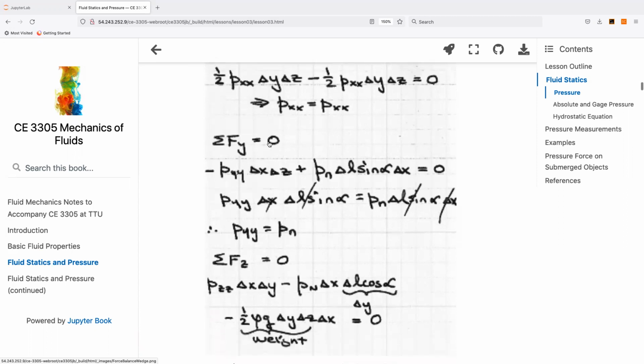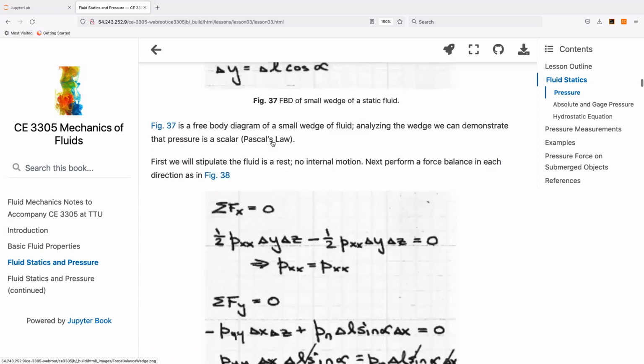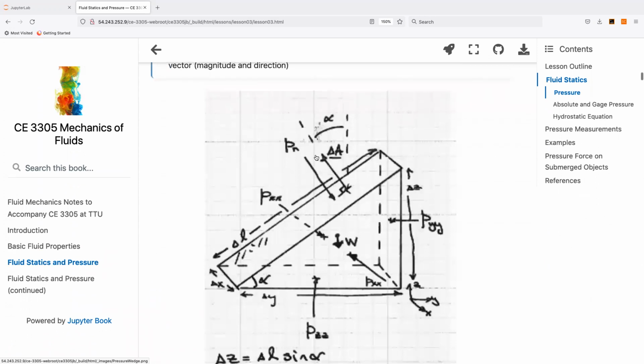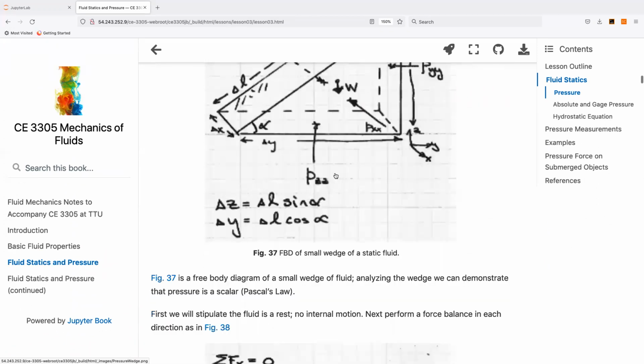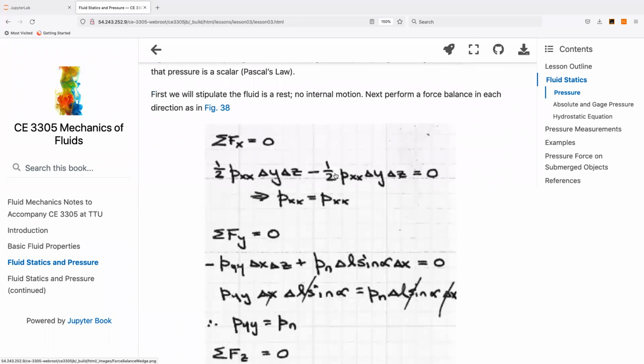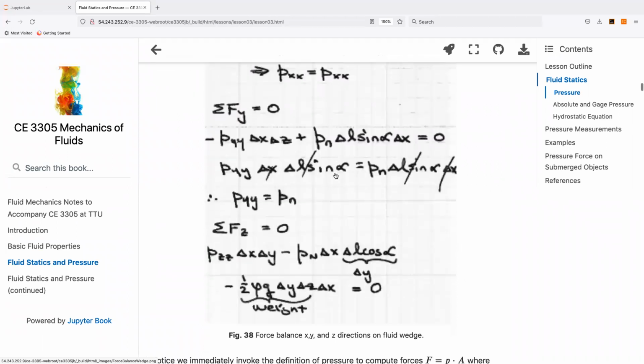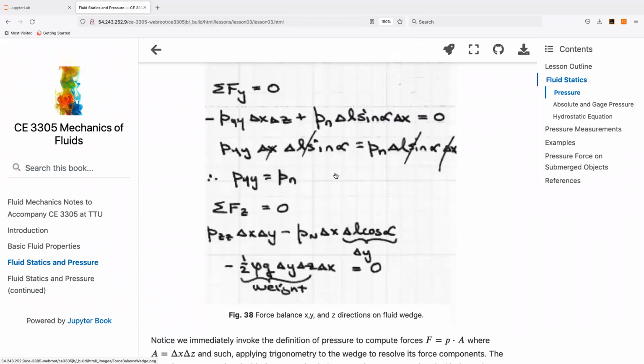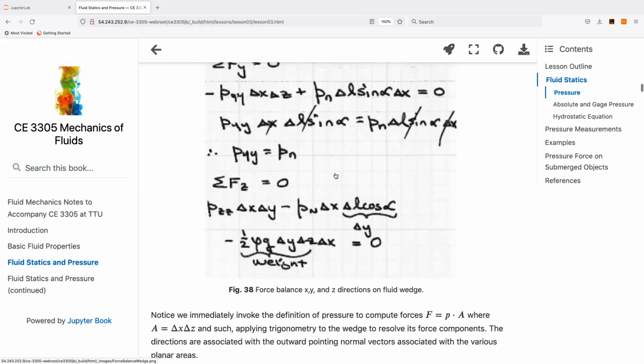We do the same thing for y. Now, in the y direction, we have some component of that angled face. So we have pyy delta x delta z plus the normal component, p sub n, delta L sine alpha, equal to 0.